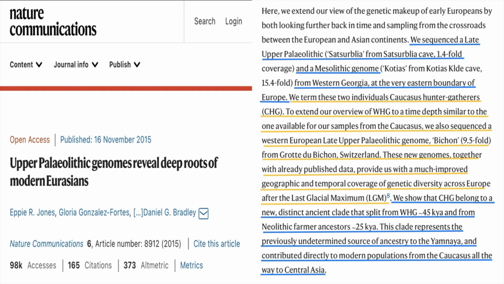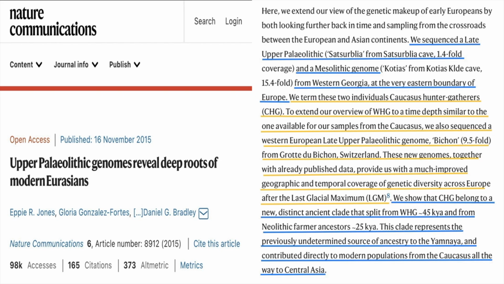We sequenced a late Upper Paleolithic and a Mesolithic genome from western Georgia at the very eastern boundary of Europe. We term these two individuals Caucasus hunter-gatherers. To extend our overview of Western hunter-gatherers to a time depth similar to the one available for our samples from the Caucasus, we also sequenced a Western European late Upper Paleolithic genome of Bichon from Grotte du Bichon in Switzerland.